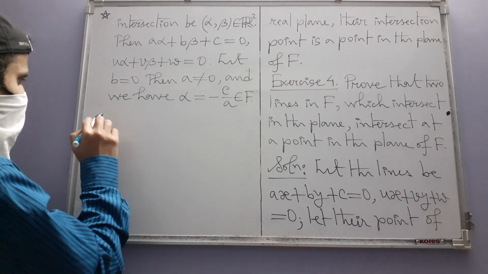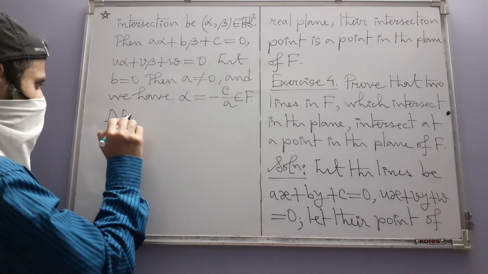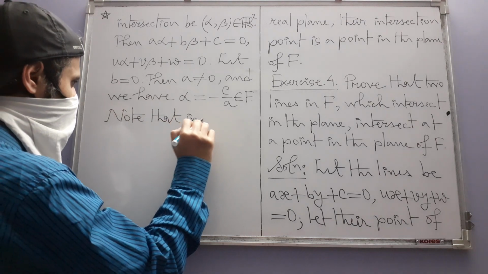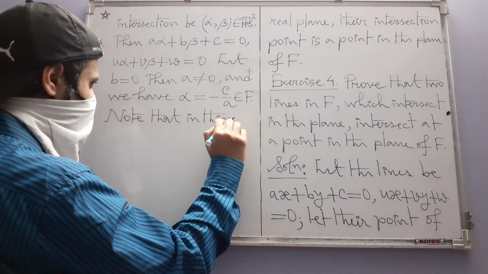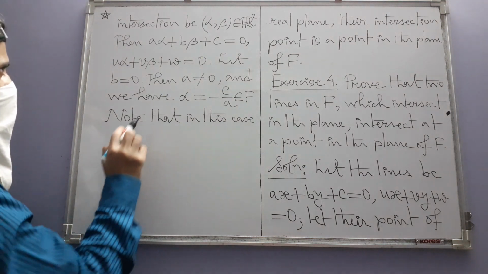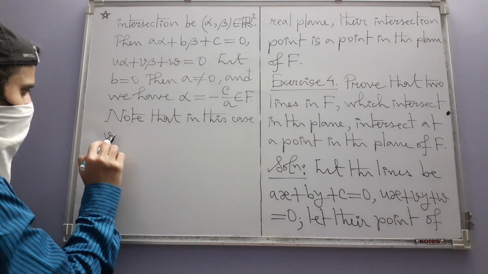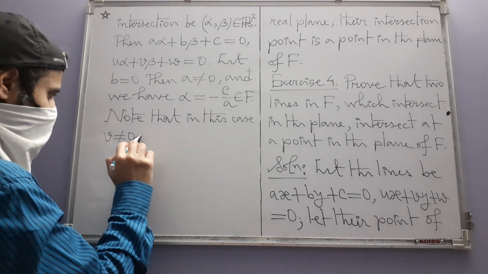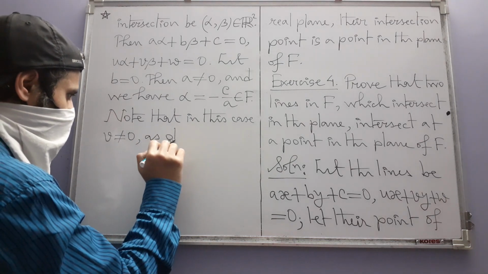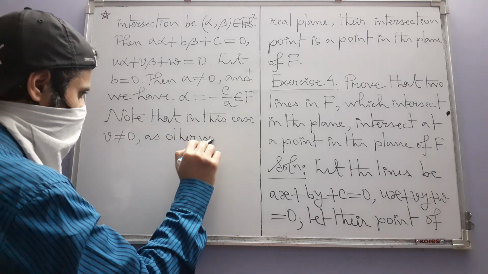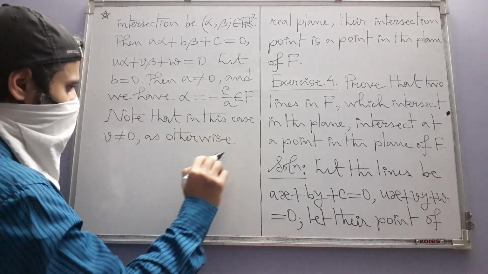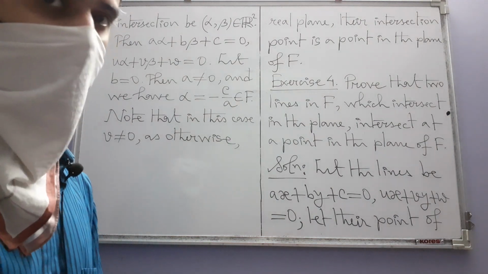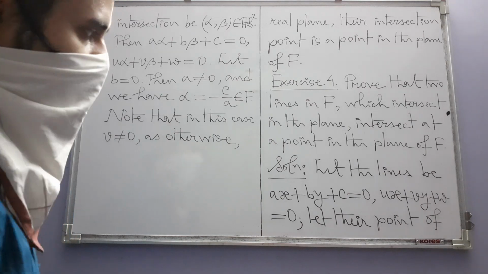Okay, and note that in this case, phi is not equal to 0, as otherwise the two lines will be parallel. Why?